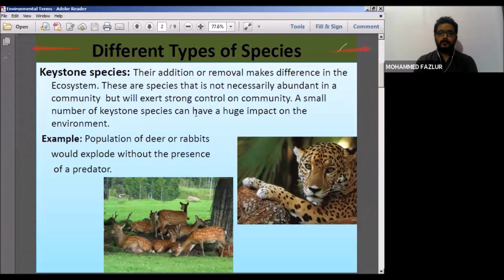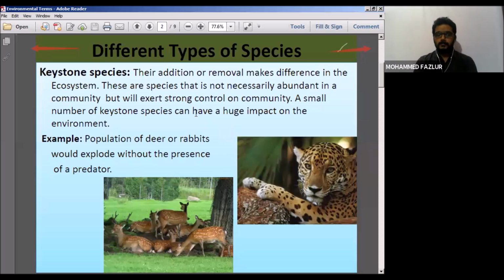Same case, if carnivores like lions or cheetahs reduce, the number of deer will increase, because otherwise the cheetah would eat these deer. If lions and cheetahs decrease, the deer will increase. Because of the increased number, they will eat away all the lowermost trophic level grass.